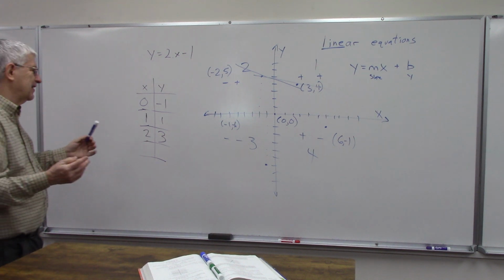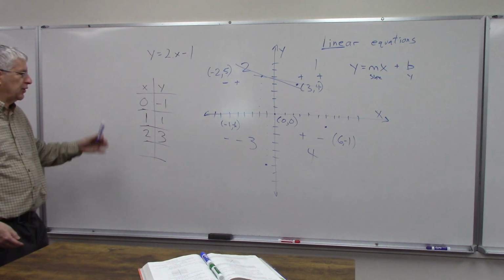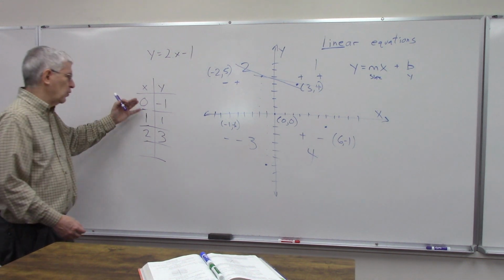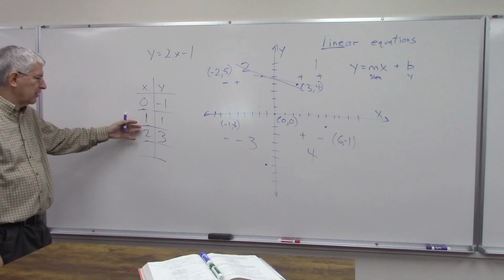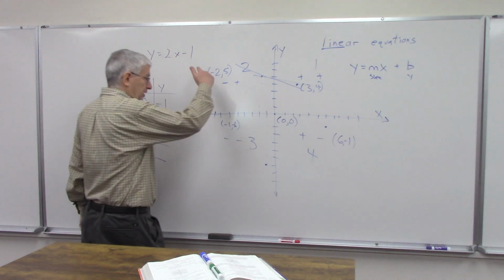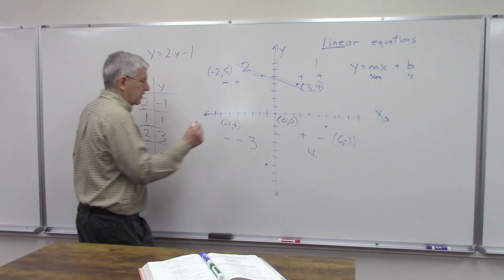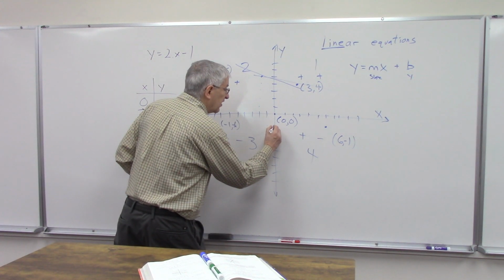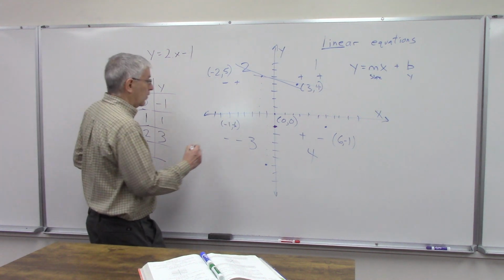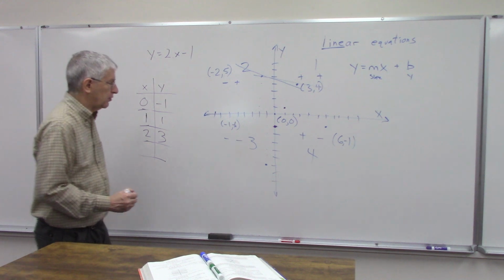Now, like I said, the shortest distance between 2 points is a straight line. But just in case you make an error in your calculations, it's good to have 3 points so you can make sure they truly line up. So let's see what happens. 0, -1, right there. 1, 1, right there. 2, 3.